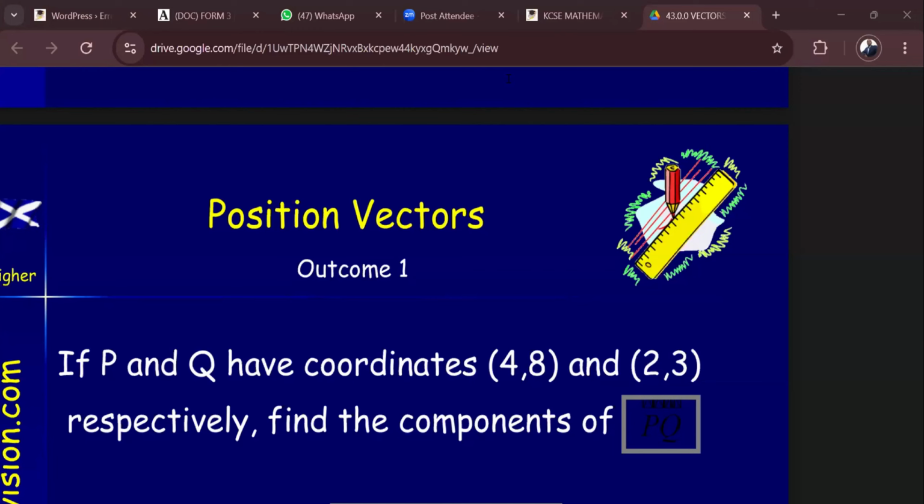Anyone else? Joseph? Makori? -2, -5. Very good. Last one? The same. -2, -5. Very good.